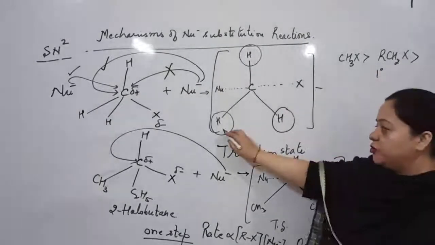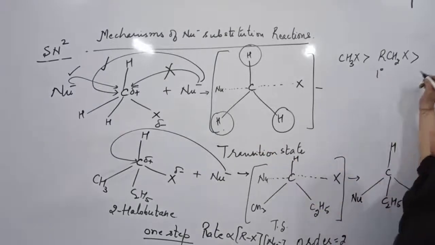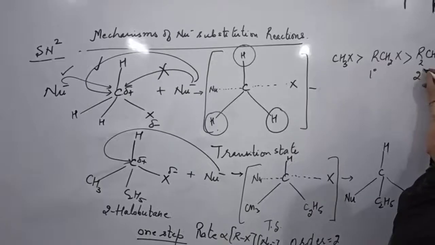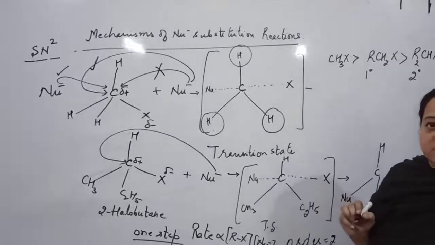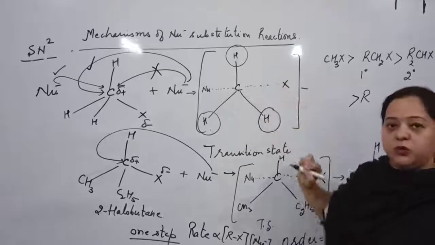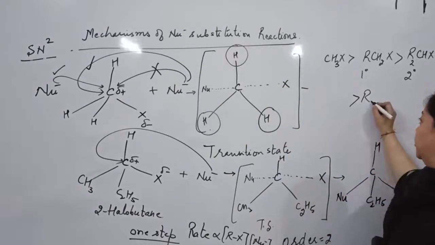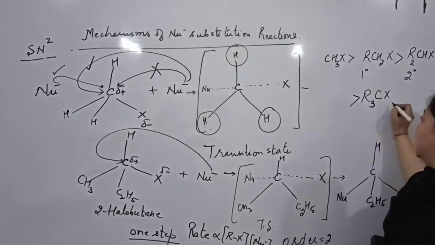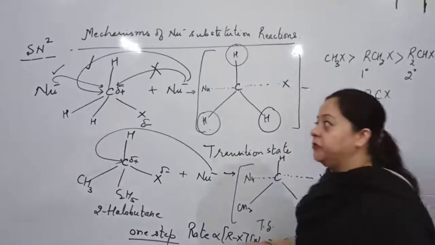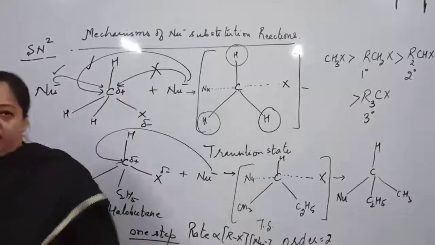The second hydrogen is also replaced with an R group, that is R2CHX, the secondary alkyl halide. The reactivity decreases, and then when the third hydrogen is also replaced with an alkyl group, that is R3CX, tertiary alkyl halide, that is least reactive towards the SN2 mechanism.